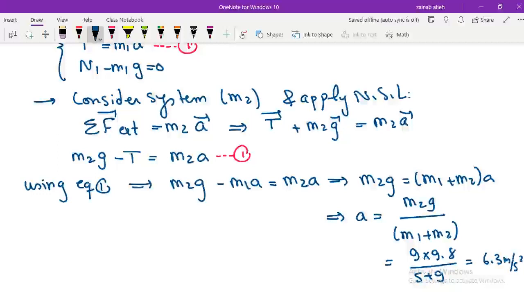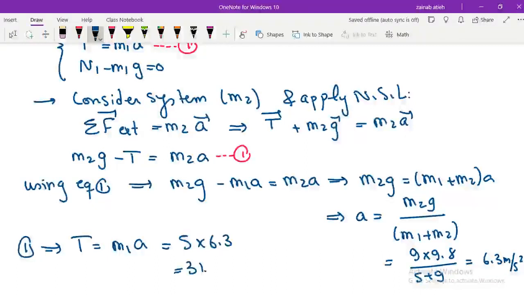Now if I want to find the tension, I can use any equation. I will use equation 1 again. From 1, T equals M1A. You can also use 2. It's equal to M1, which was 5, times 6.3. I get the tension, which is 31.5 Newton, and this is the answer for the tension.